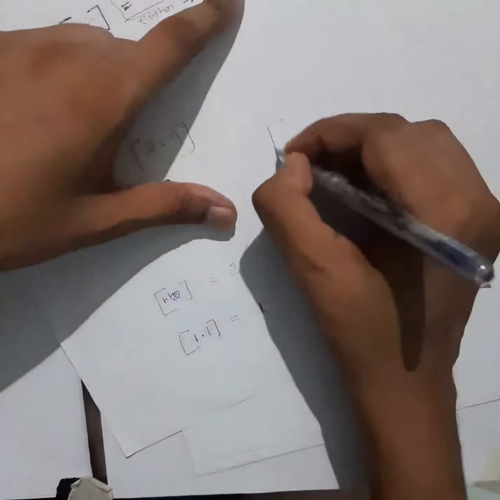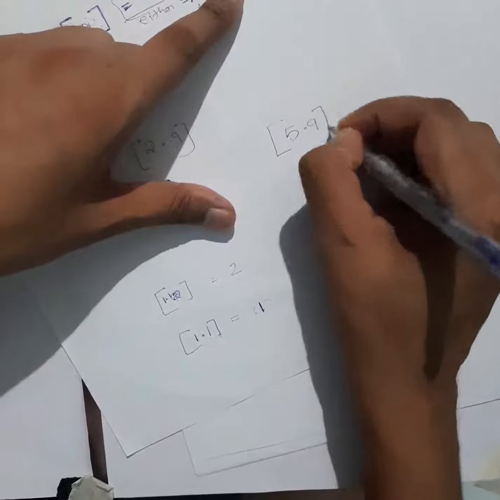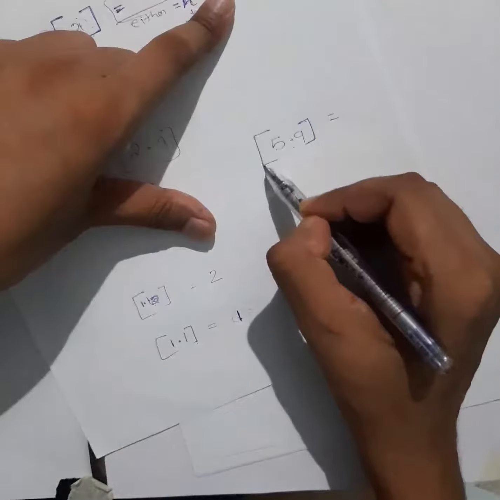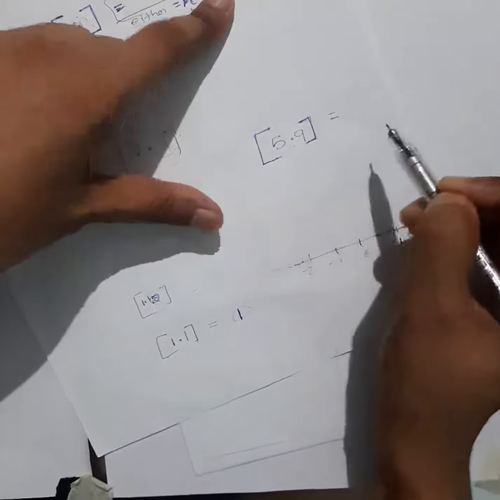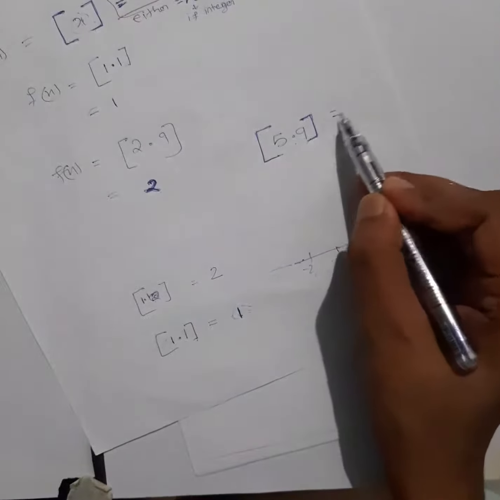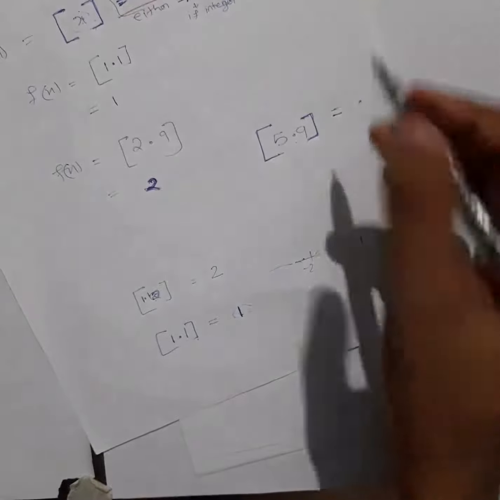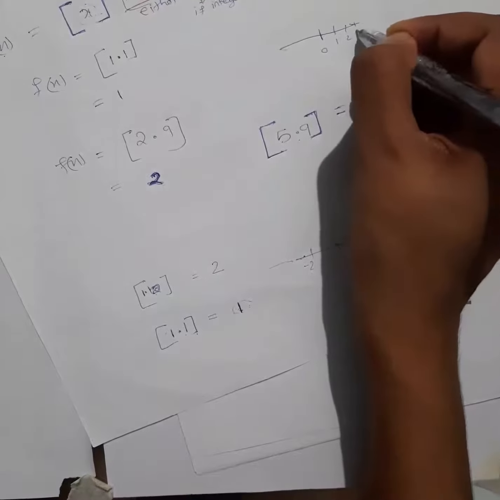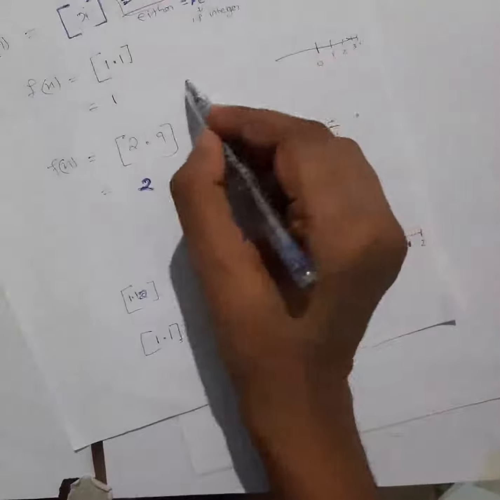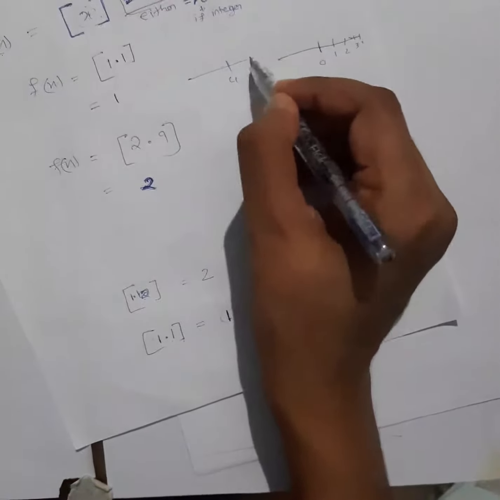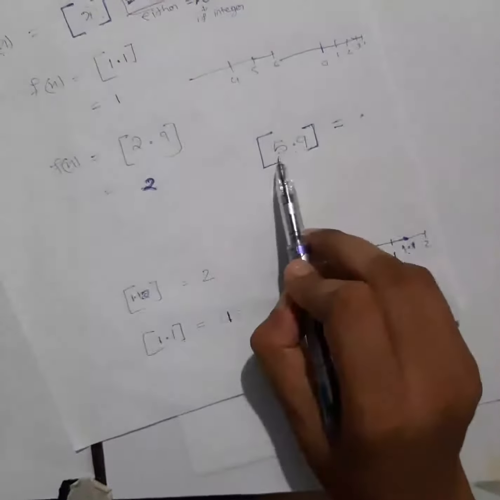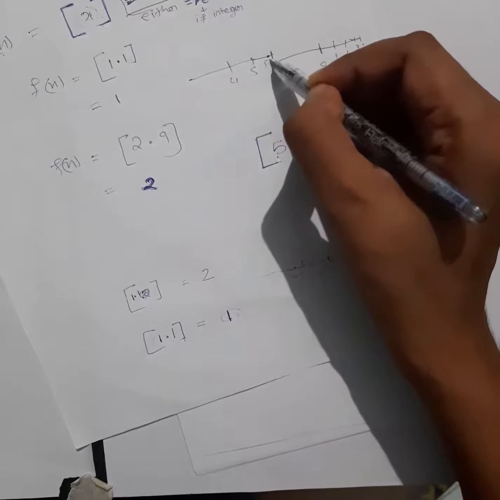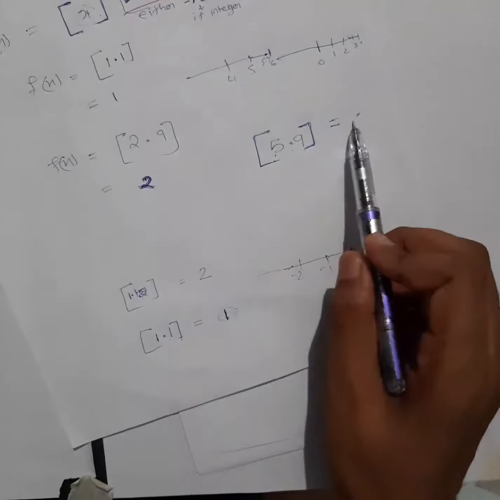For example, another I will take 5.9. What is the output of this one? First thing, this is the greatest integer function, right? This symbol means greatest integer function. So the output of this one will always be an integer. Which integer? Draw a number line: 0, 1, 2, 3, 4, 5, 6. So you can see where 5.9 will lie, somewhere here, between these. So the output of this one will be an integer.